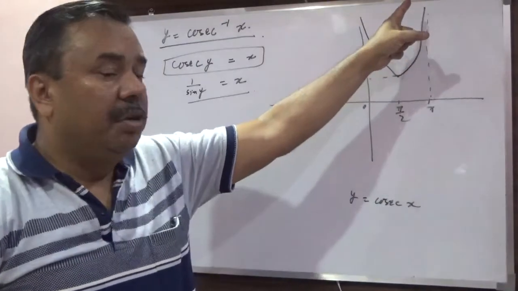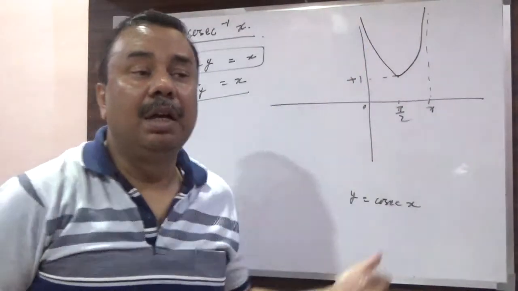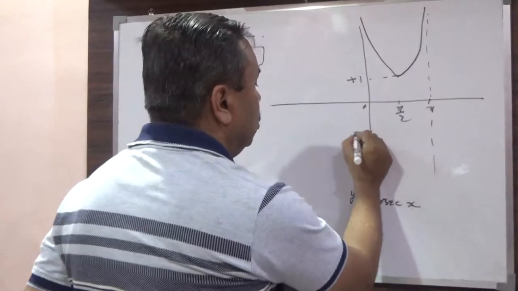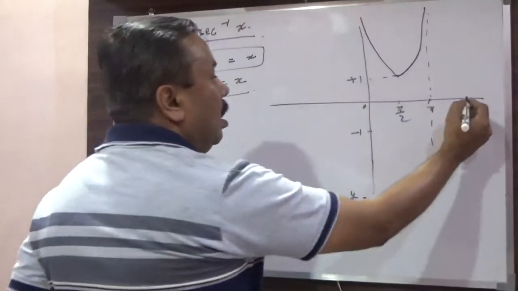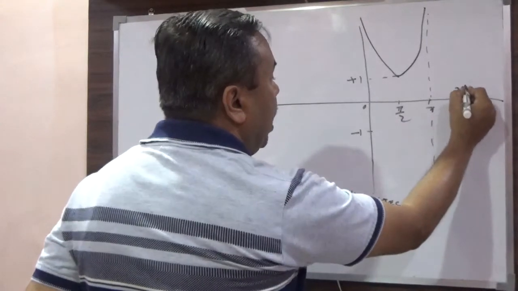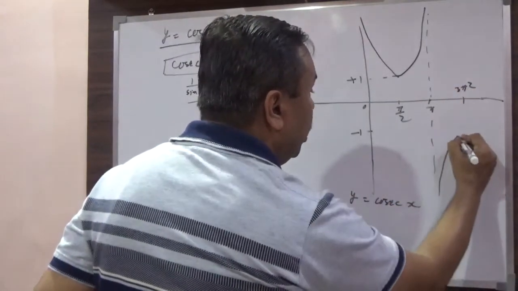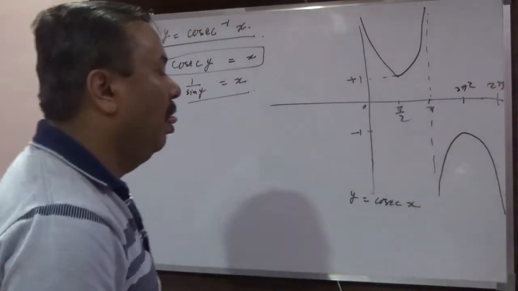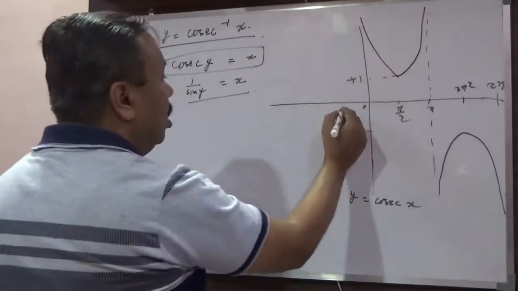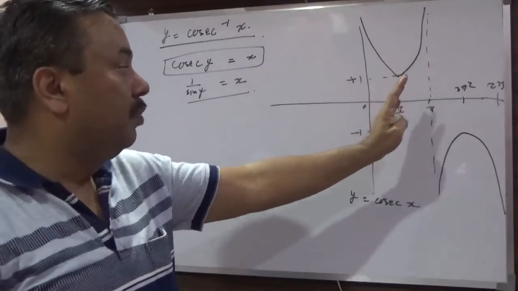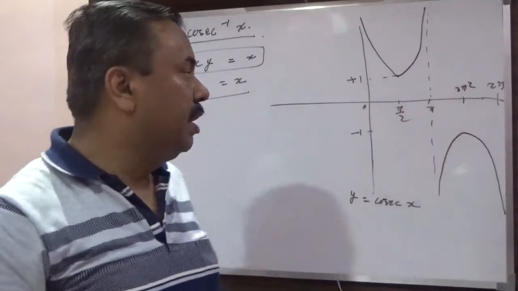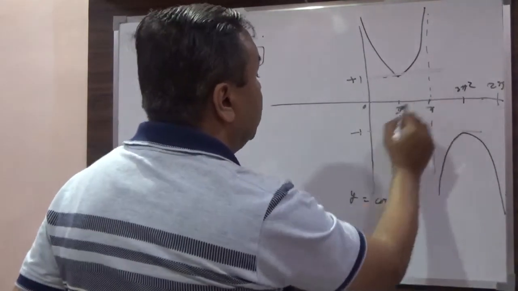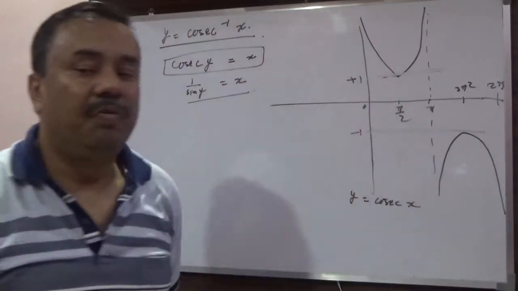The moment the angle enters the third quadrant, it becomes minus, and then up to 3 pi by 2 it is equal to minus 1, and then it goes like this at 2 pi. Then again it will go on. So this was the graph that we got for cosec x. That means the value of cosec is not lying between minus 1 and plus 1.